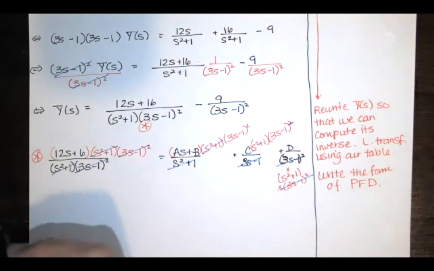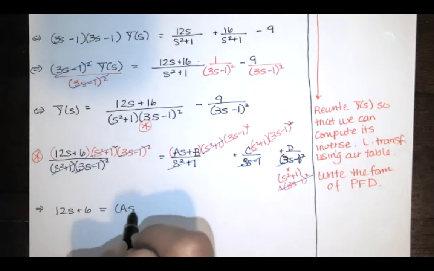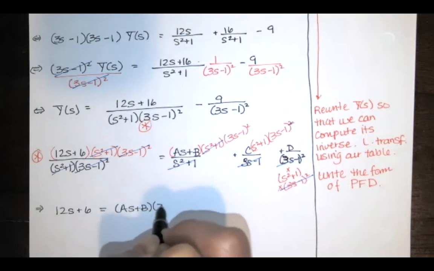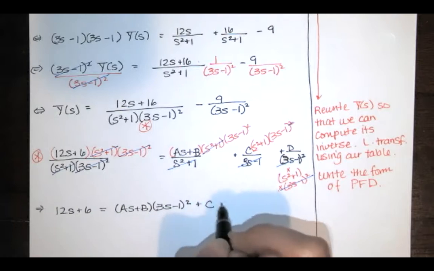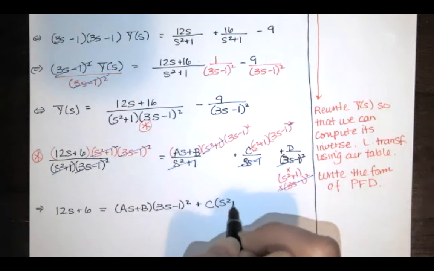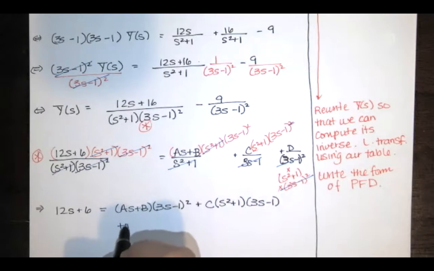So what we'll be left with is the original numerator, the 12s plus 16 equals As plus B times 3s minus 1 quantity squared. And then here we have C times s squared plus 1 times 3s minus 1. And then the last term is D times s squared plus 1.